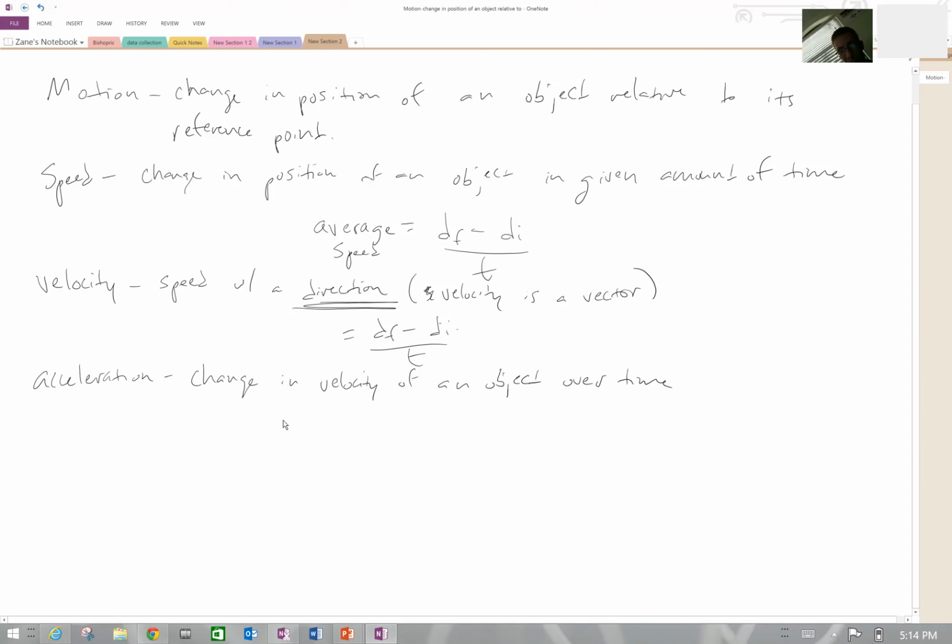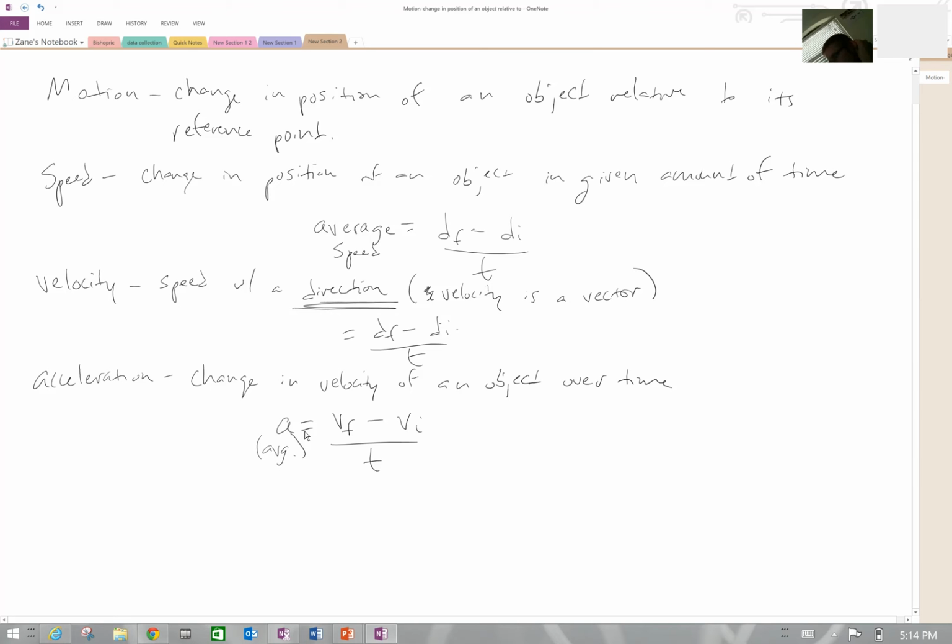Okay, the formula associated with acceleration, a equals your final velocity minus your initial velocity over the amount of time. So it looks very similar to our formulas for average speed and velocity. Remember, this is average acceleration.